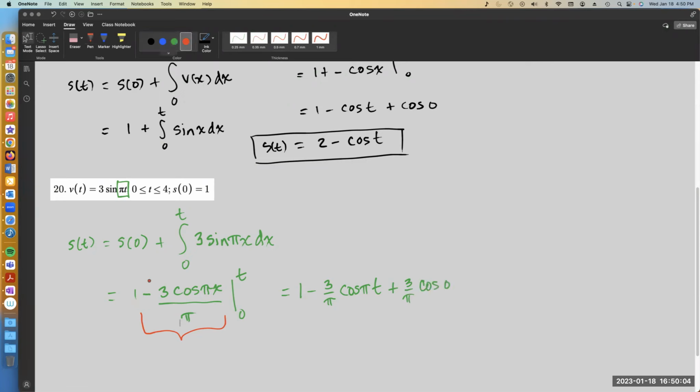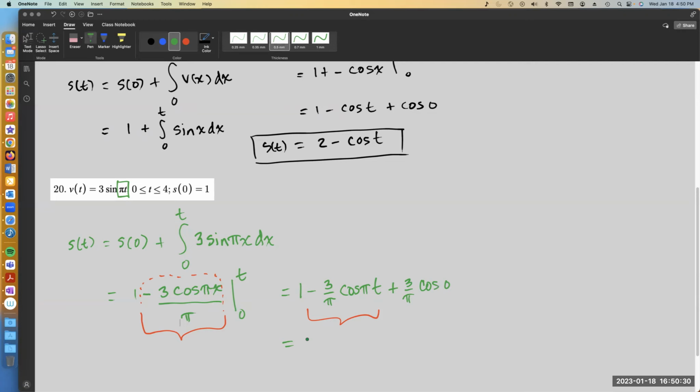So this quantity in here, this is the antiderivative, right? So we plug in positive t first and we get this, and then we subtract off the antiderivative at the lower limit. And when we subtract off that antiderivative, we get plus 3 over pi, plug in the 0. And now let's simplify. Cosine of 0 is 1.